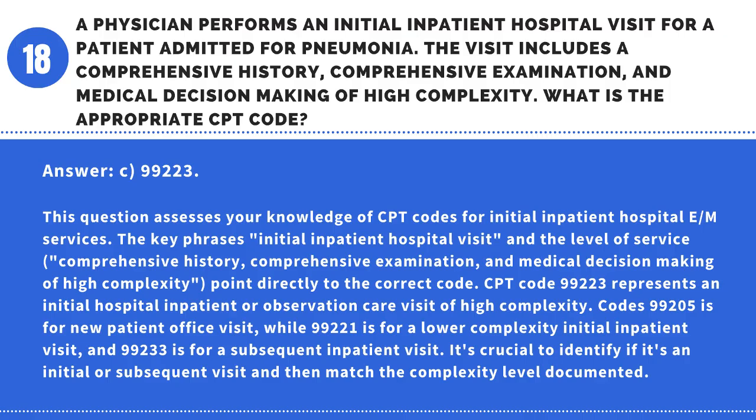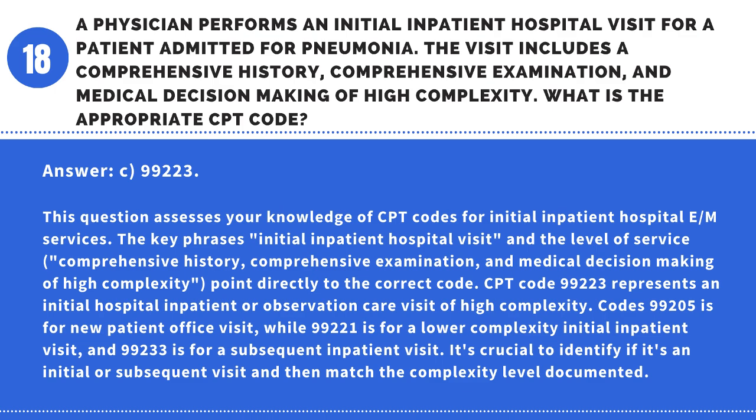99223. This question assesses your knowledge of CPT codes for initial inpatient hospital E/M services. The key phrases initial inpatient hospital visit and the level of service, comprehensive history, comprehensive examination, and medical decision-making of high complexity point directly to the correct code.